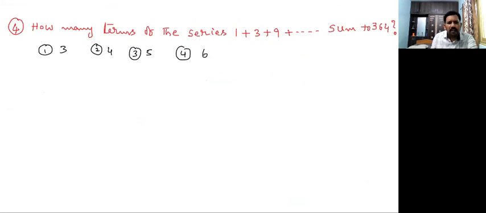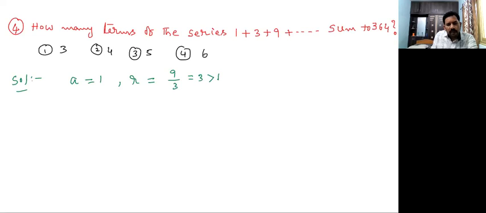So here, by observing the question, we want to write what is the first term? A. A value should be 1. Common ratio is a term divided by the preceding term. 9 divided by 3. How much? 3. 3 is greater than 1.